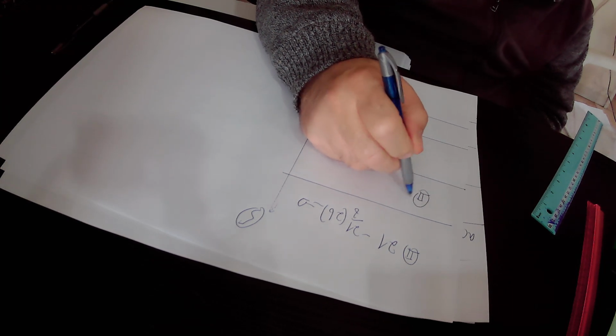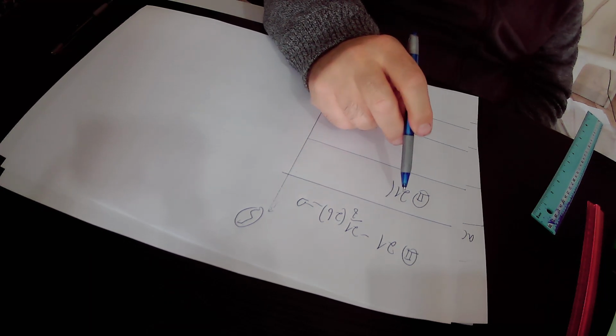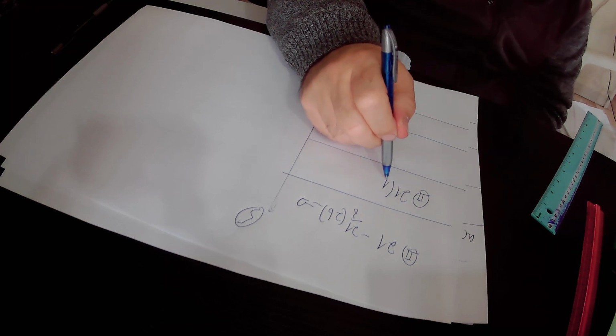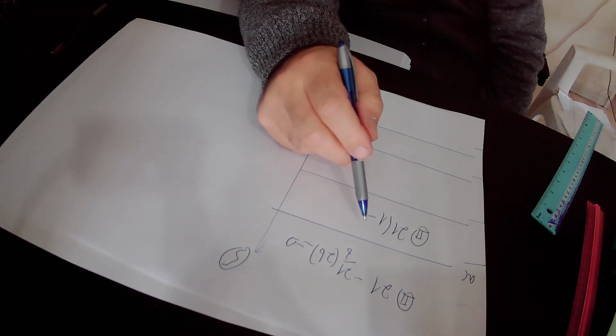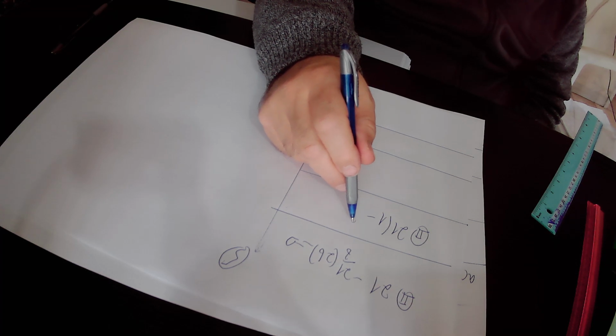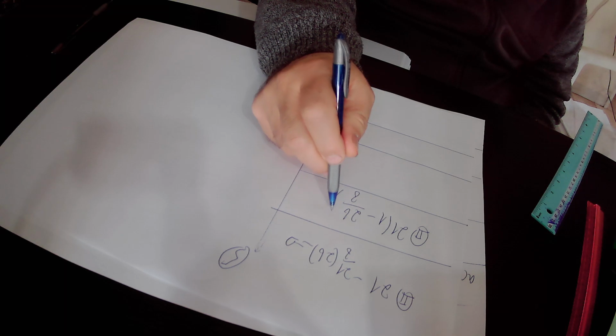What is left from 21 after we took 21 as a common factor? What is left is actually 1. And what is left from this expression after we took 21 as a common factor? What is left is actually minus 2b over 8, and it equals 0.